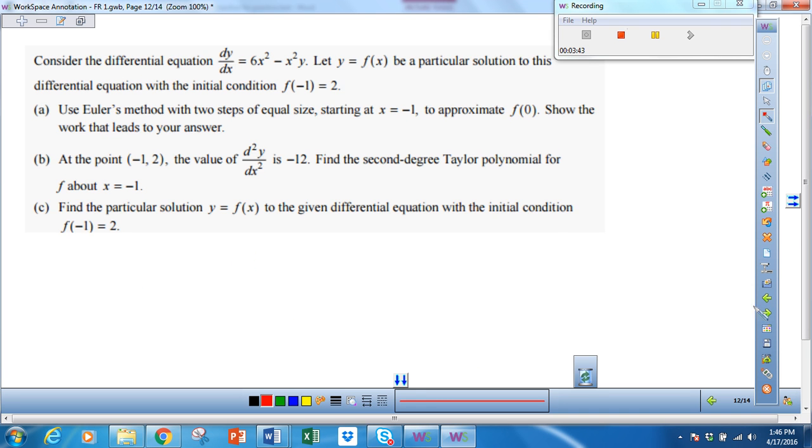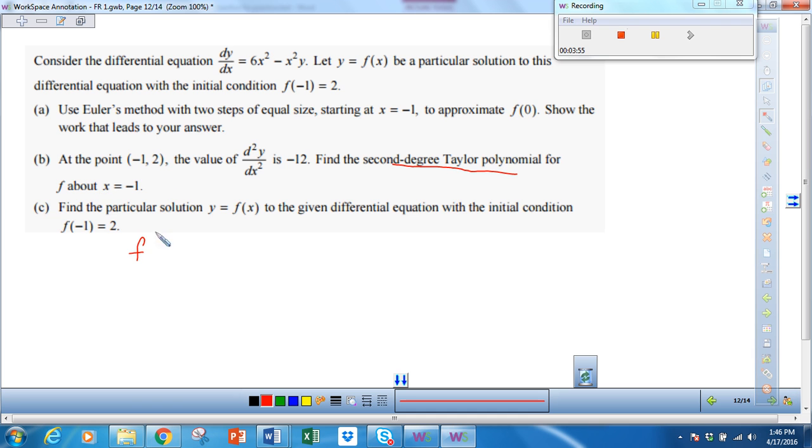Okay, the second one, they randomly threw in a Taylor polynomial, not sure why, but basically to solve this, remember the Taylor polynomial is going to be f of, do we have a center?